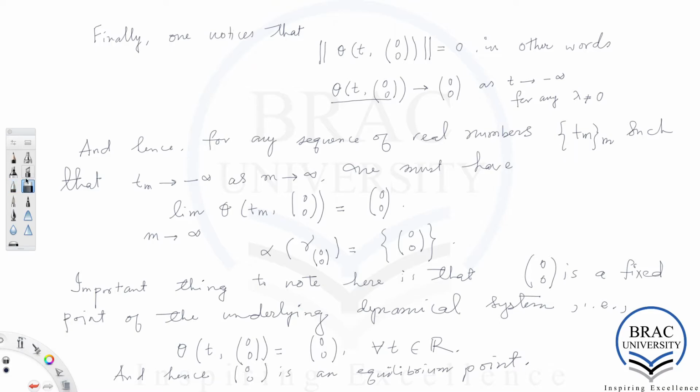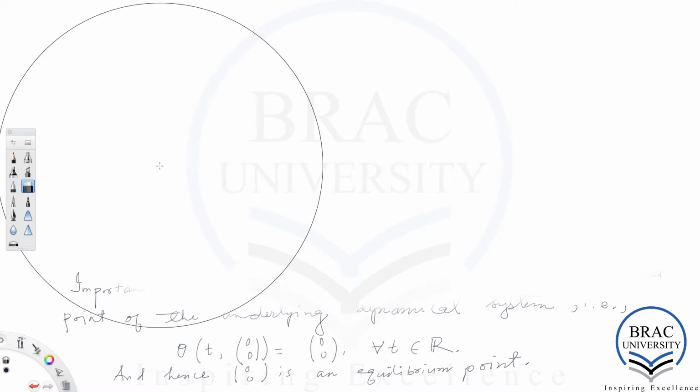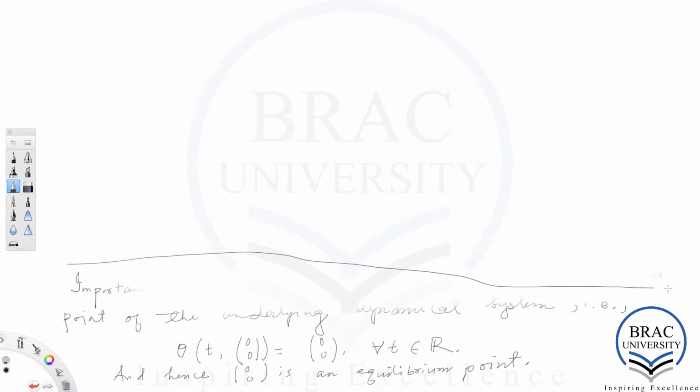Okay, so from what we have discussed so far, it is immediate that (0, 0) is the only omega limit point and alpha limit point of the orbit of the zero vector.